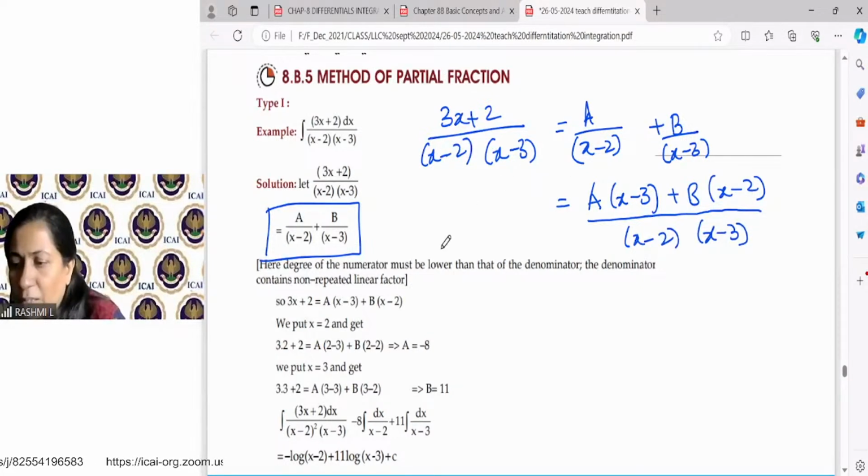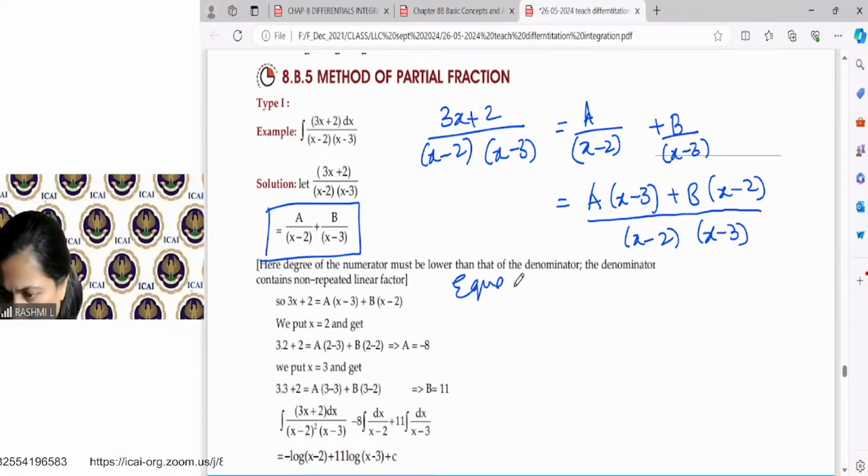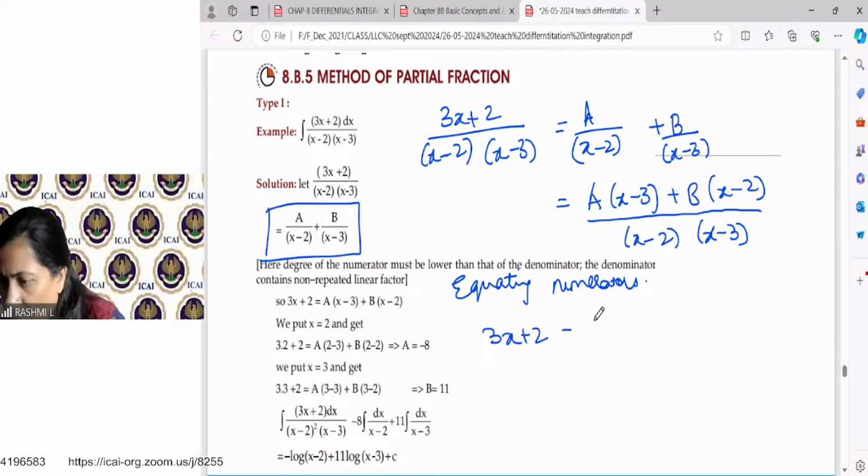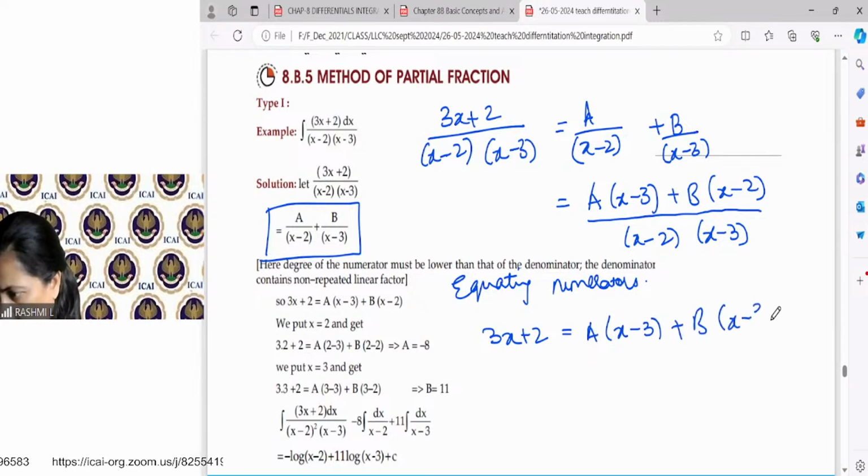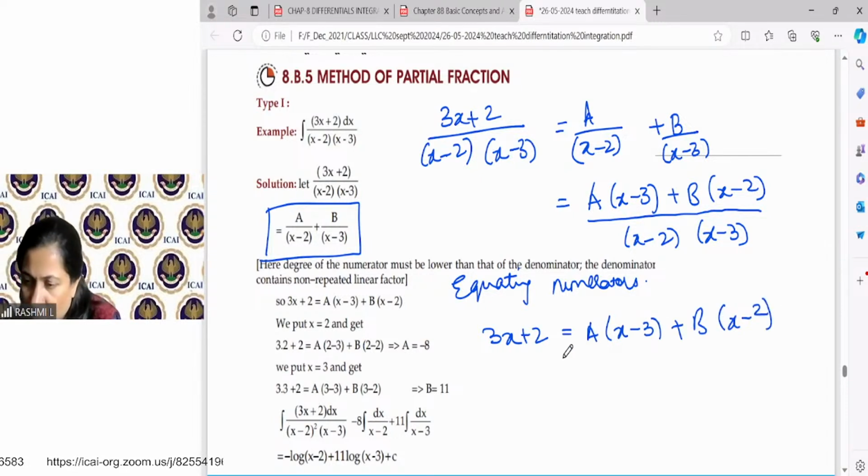Now the denominators are same. So equating numerators, what do I get? 3x + 2 is equal to a(x - 3) plus b(x - 2). I will expand this.